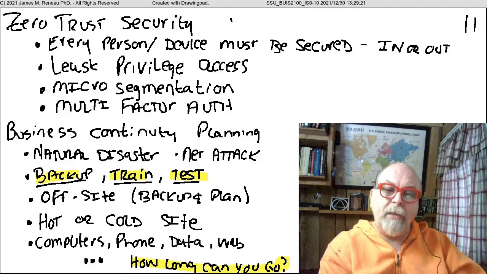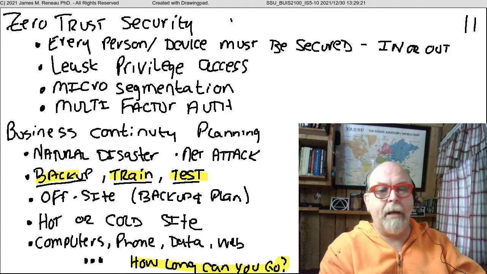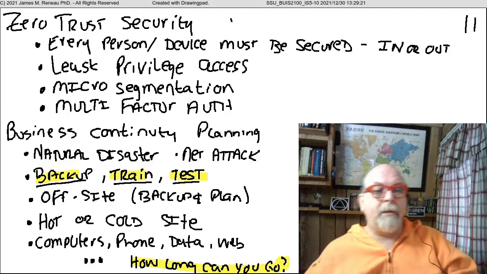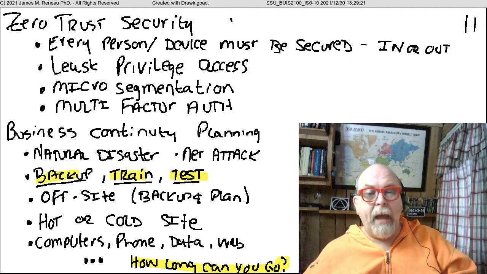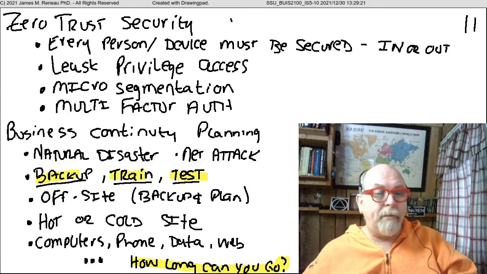Something that we haven't talked about that we really do need to talk about, in the context of security and systems availability, is business continuity planning. We have to not only plan for a network attack or a cyber attack or ransomware or something of that sort, but we also need to plan for a natural disaster.